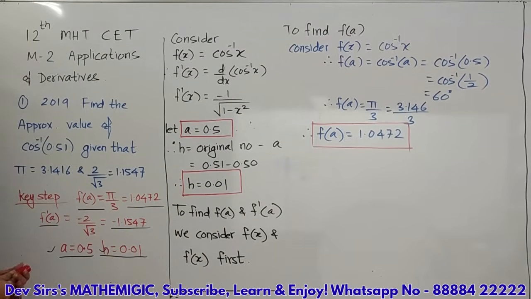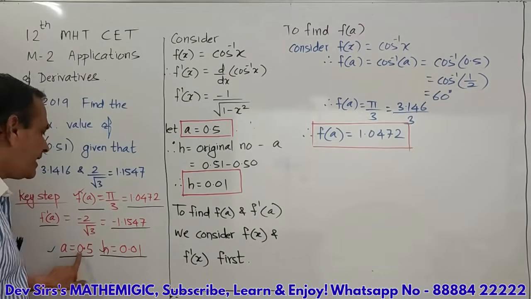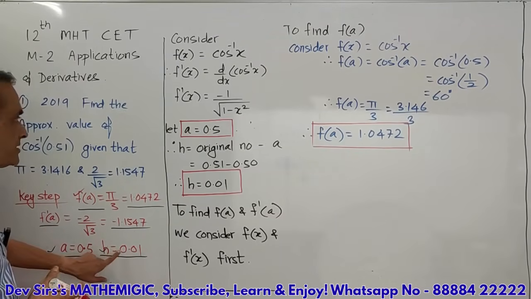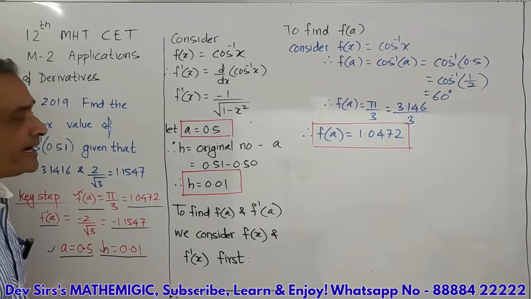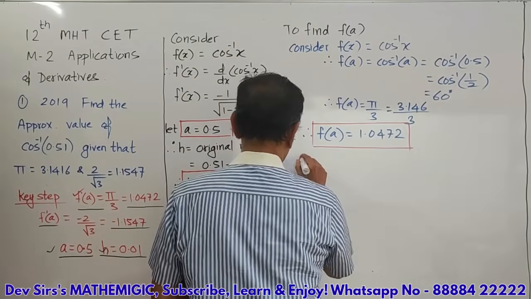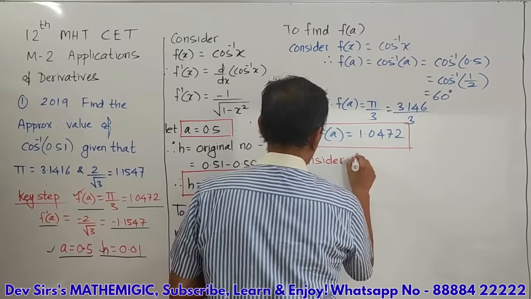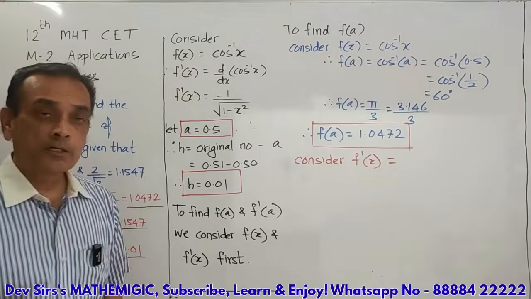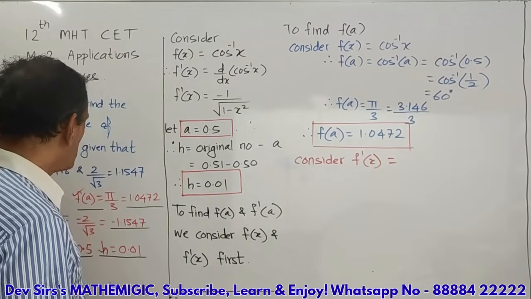Now FA is over. To find f dash a, 4 things I have told you: A and H. A is the nearest number according to our convenience. H is the difference, original number minus A. FA we have seen. Now to find f dash a, naturally I have to consider f dash x. So what is the value of f dash x?